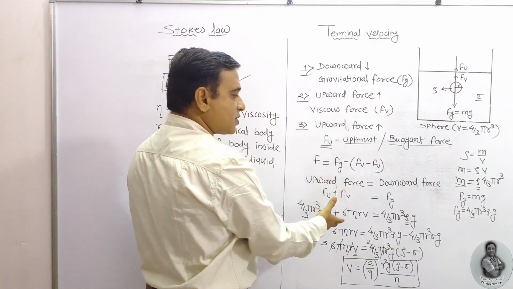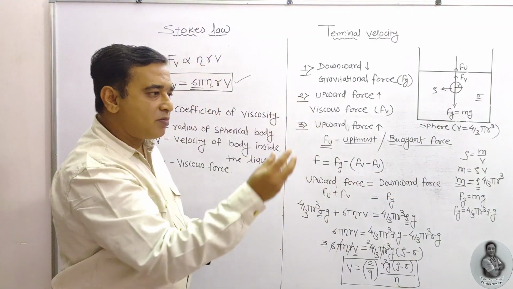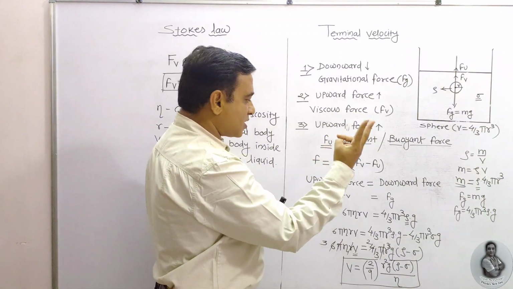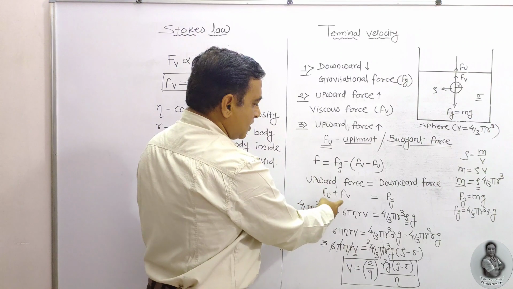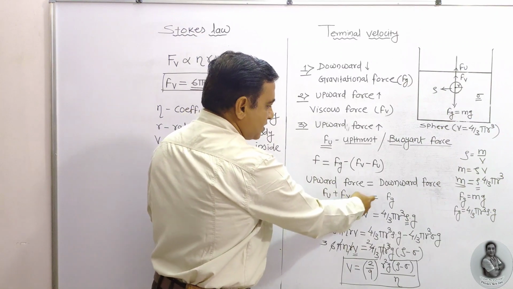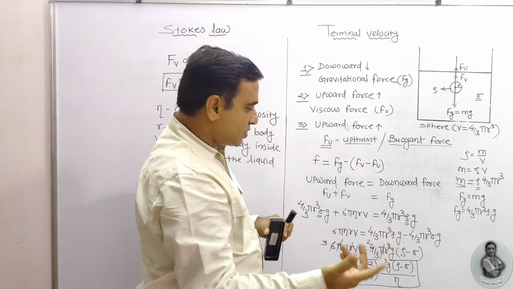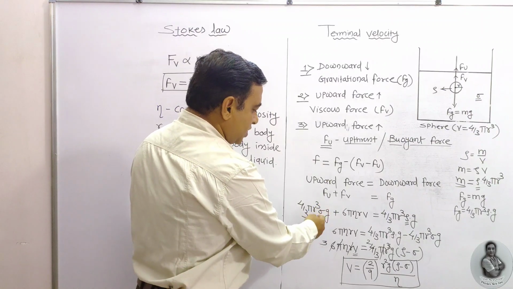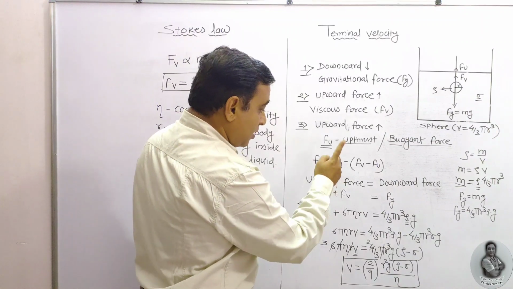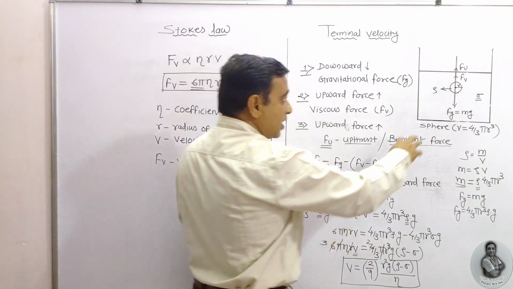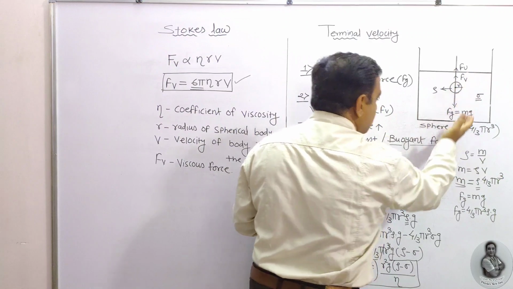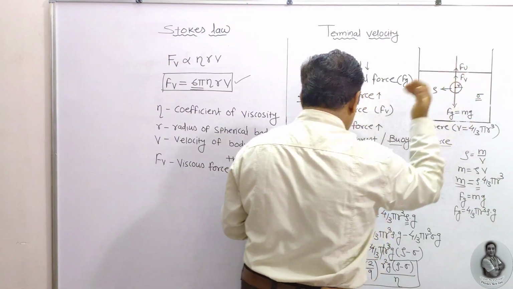And hence the upward force is equal to the downward force when the body moves inside the liquid. So there are two upward forces. One is the buoyant force, the other is the viscous force, which together equal the downward force, that is the gravitational force. After substituting 4 by 3 pi r cube sigma into g, this sigma is the upthrust or buoyant force applied by the medium surrounding the spherical body, which opposes the motion and gives the force in the upward direction.